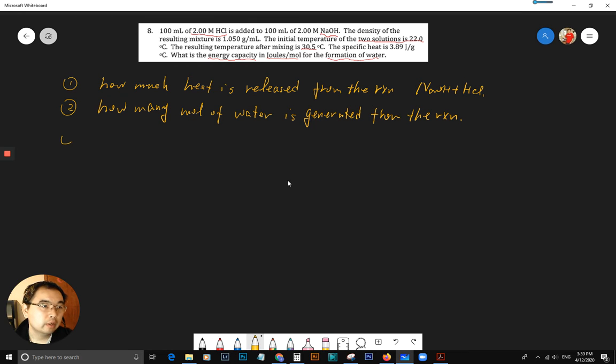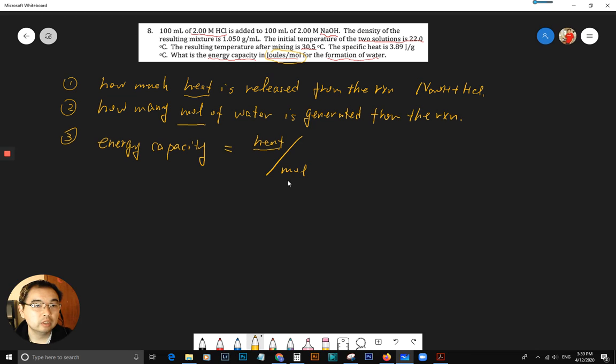The third part is, once we know the heat and the moles of water, the energy capacity will be equal to the heat divided by the moles, because the unit here is joules per mole.